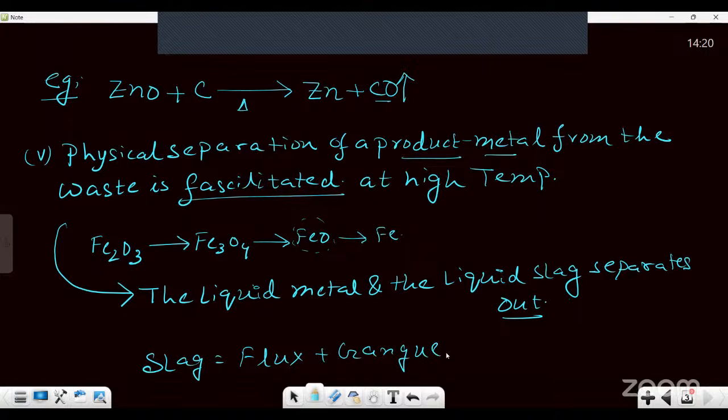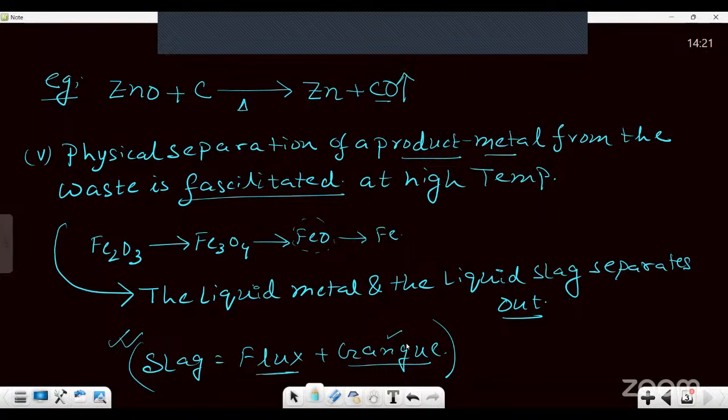Okay, we add the flux. So flux has a lot of applications, apart from taking up the gangue. Another application of the flux is that it is actually going to lower the melting point of the gangue materials as well, so that the gangue materials can fuse, they can melt very easily.